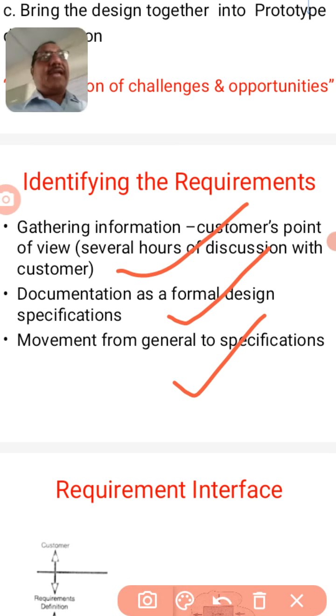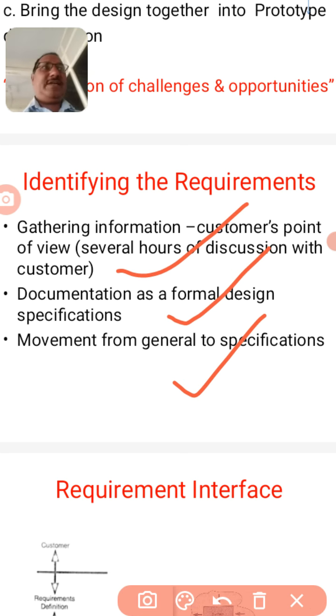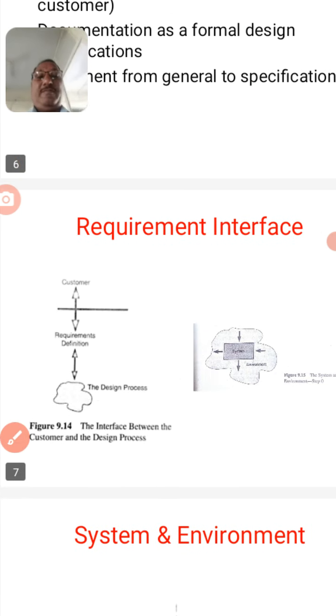Room temperature means our product is working from 0 degree to say 50 degrees centigrade. It's a room temperature design. Though the customer tells us that we are using it at room temperature, we have to specifically mention that this product is working from 0 degree to 50 degrees centigrade. That is how we switch from general to specifications.